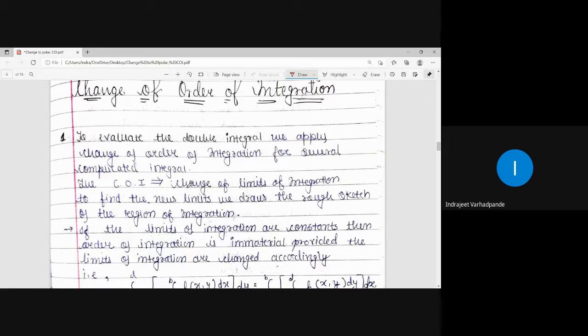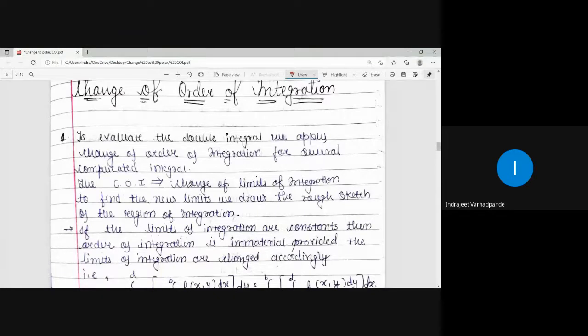Meaning what? We will first interpret the region from the given limits, and then instead of a vertical strip we prefer a horizontal strip, so the limits of x become a variable and the other pair of limits become constant. And in that case the simplification or the integration becomes very easy.